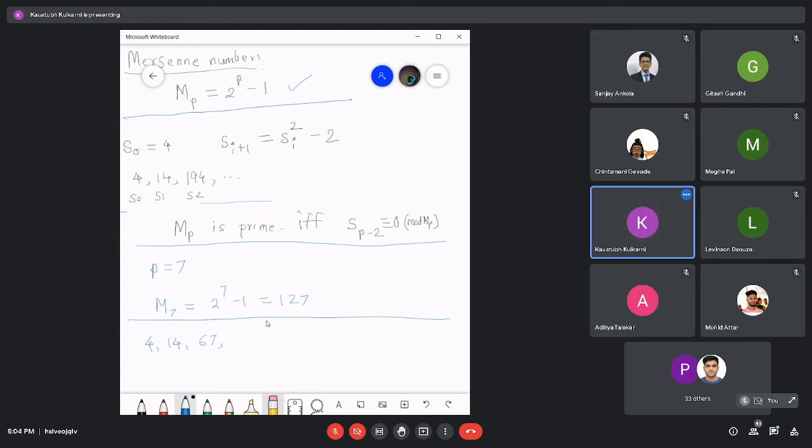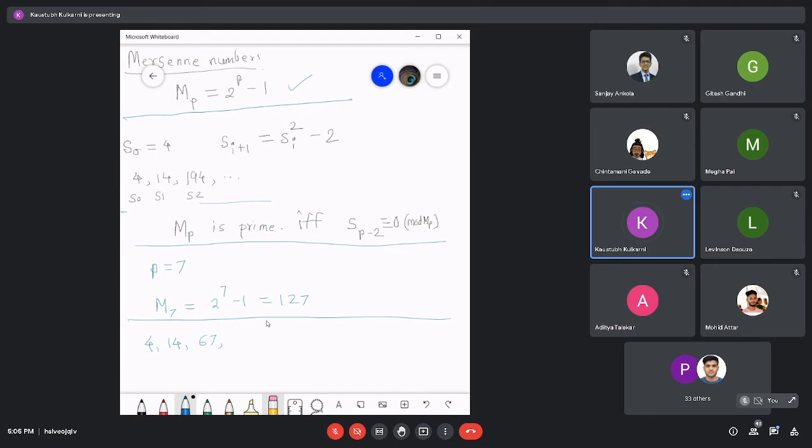Because we are going to take mod Mp, I took it directly over here. S0 mod Mp, where Mp is 127. So 4 mod 127 is 4. S1 is 14, and 14 mod 127 is 14. S2 is 194, and 194 mod 127 is 67.